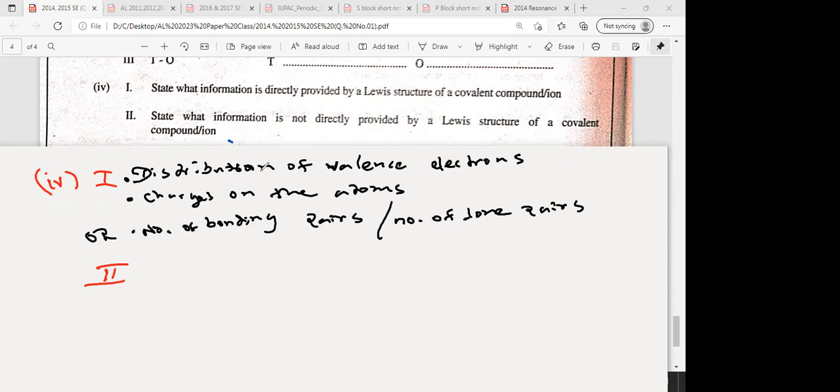Any idea? Okay, you gave hybridization. Okay, answer is correct.